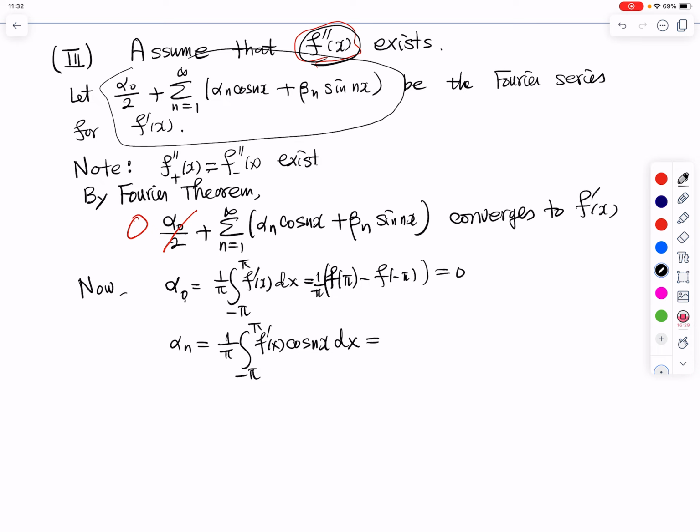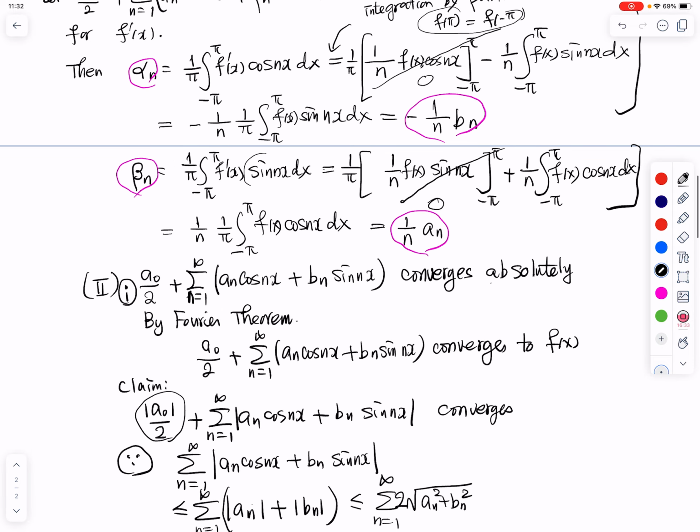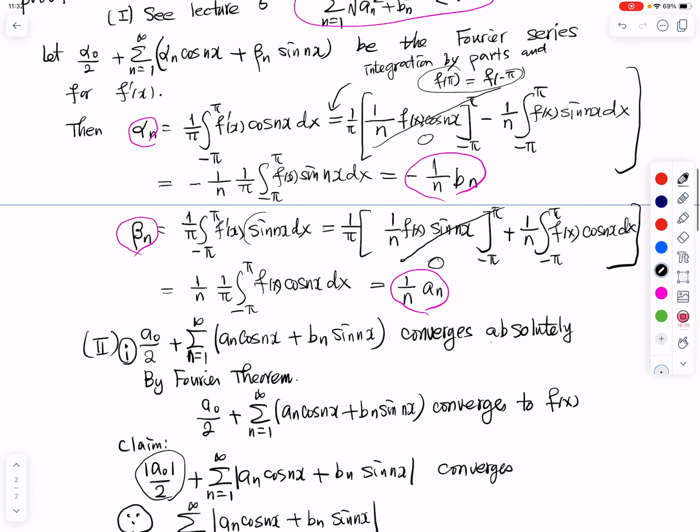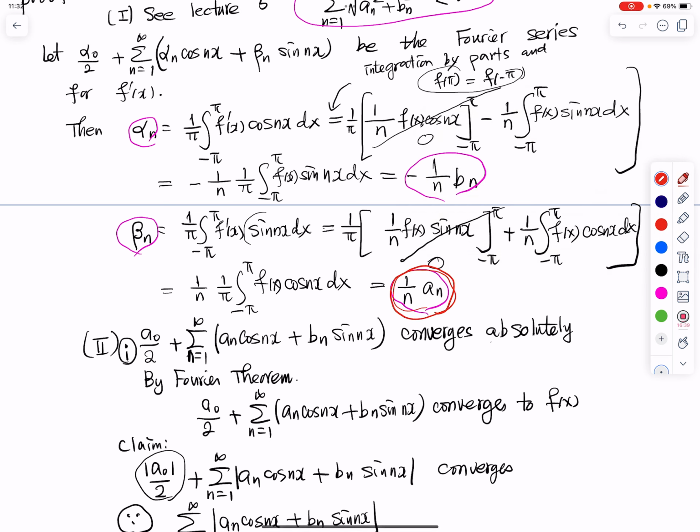Now let's go back to the proof of part A. What we had here: we already computed the relation between the coefficients, so alpha n is the Fourier coefficient of f double prime.